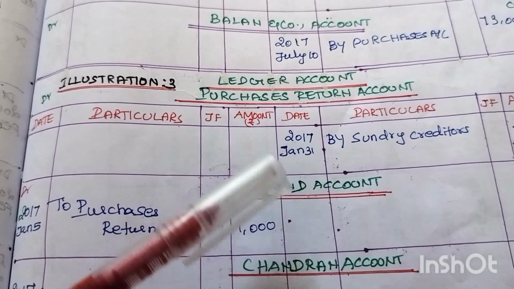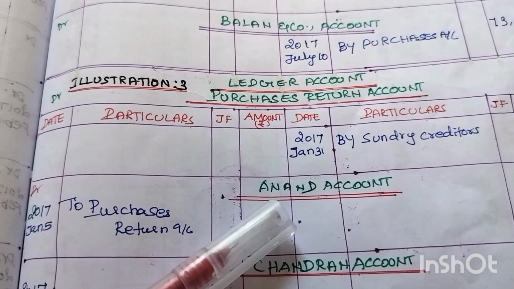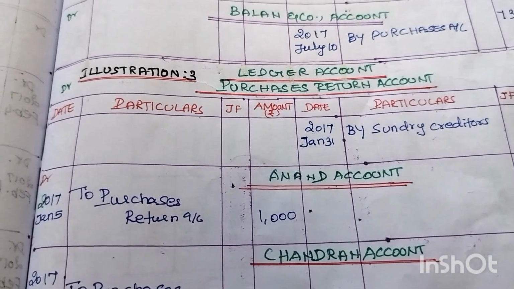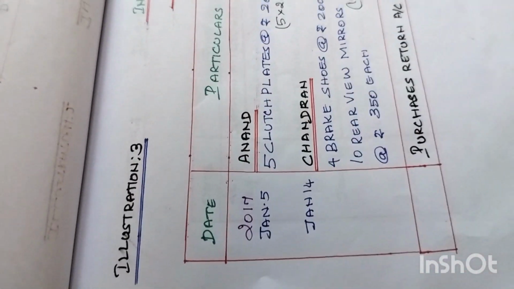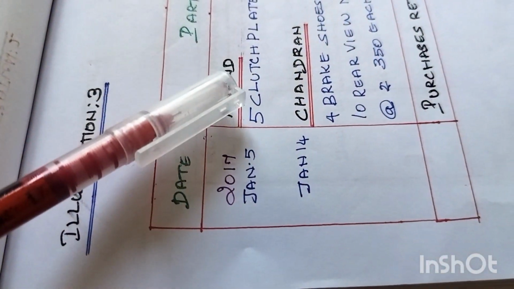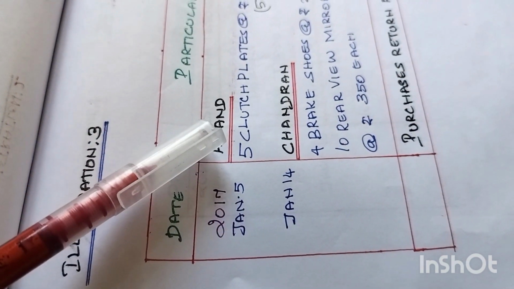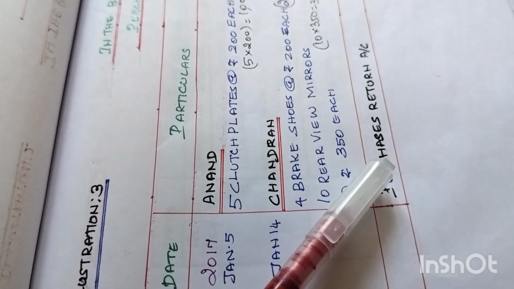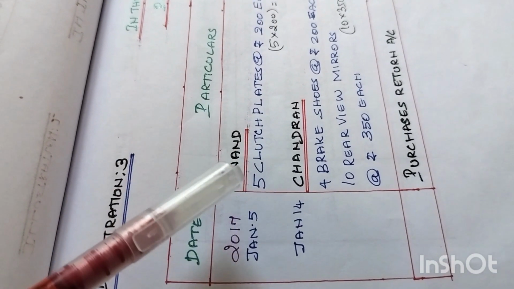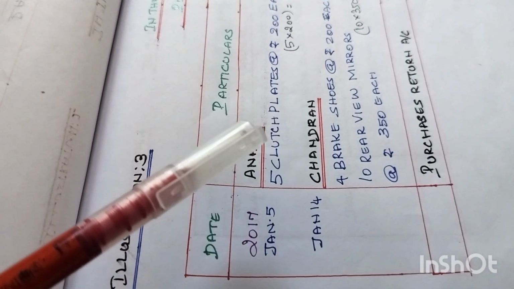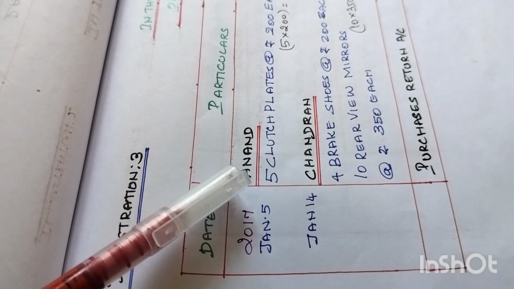Then what account do you have to post into the ledger account? That is Anand account. What is the journal entry for the Anand account? So listen here. Anand account debtor to purchases return account, right? So when did you return goods to Anand?